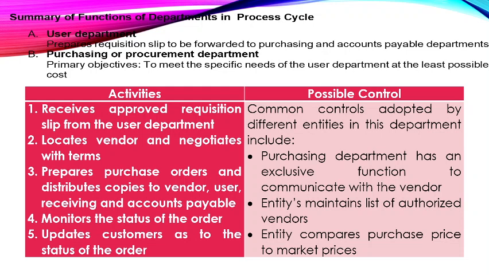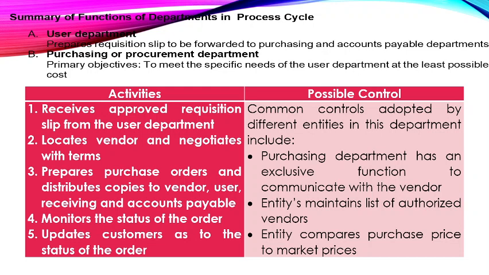Summaries on functions of the process cycle. The user's department prepares the requisition slip, forwarded to purchasing and accounts payable department. The purchasing or procurement department aims to meet the specific needs of the user department at the least possible cost. What are the activities involved here?